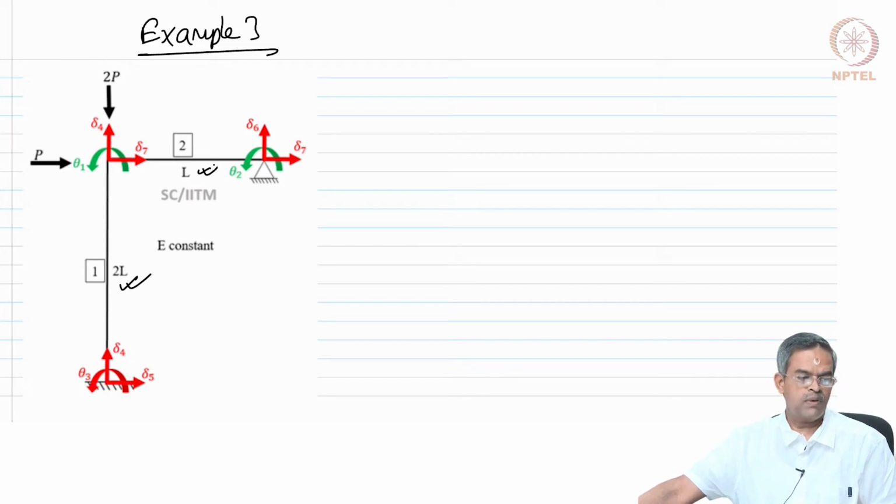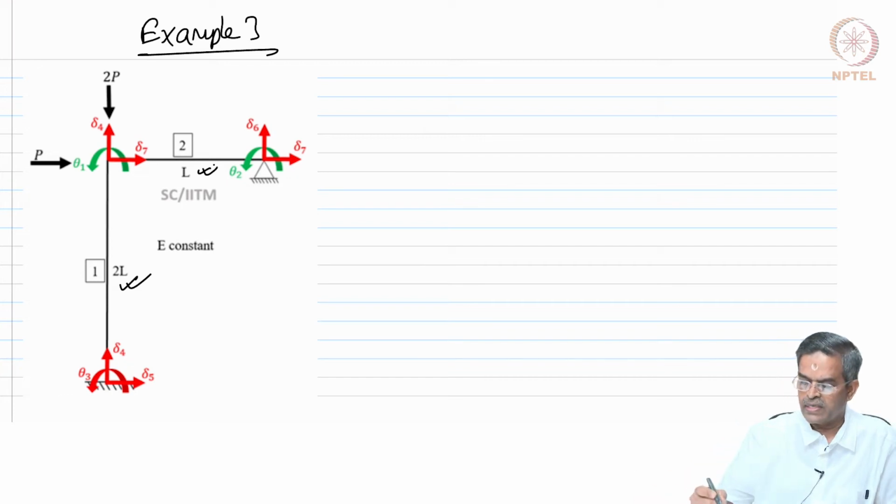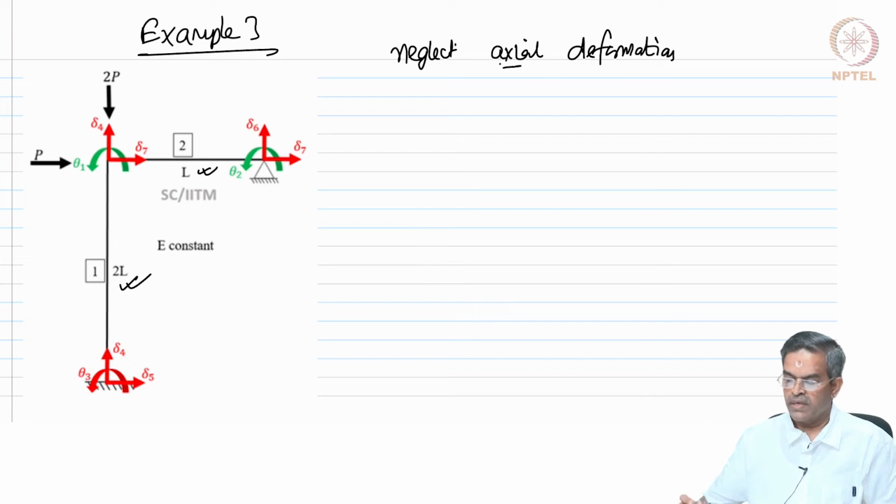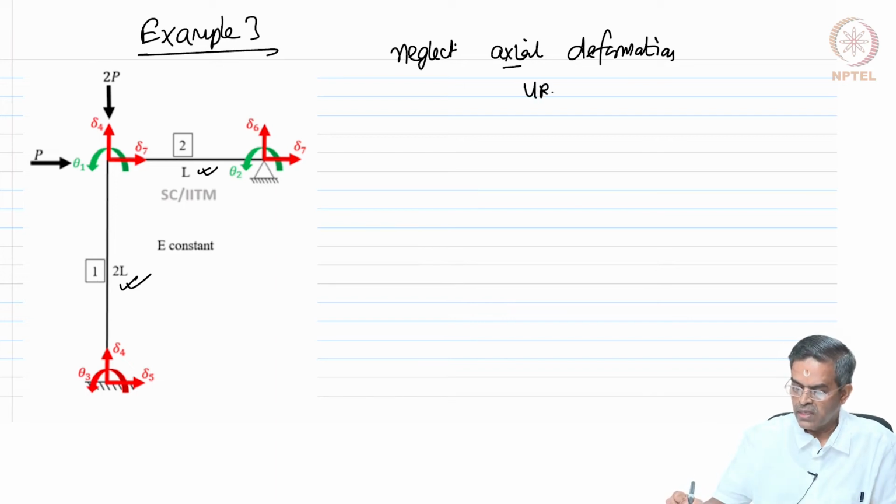So, the degrees of freedom are marked as theta 1 and theta 2 unrestrained, and remaining all are restrained. We are neglecting axial deformation.